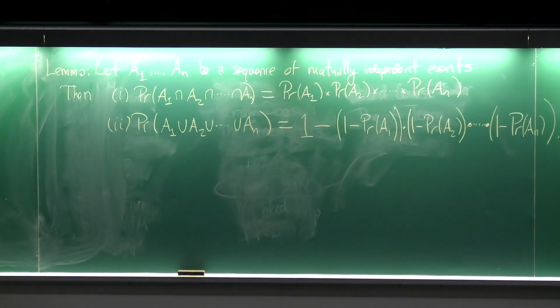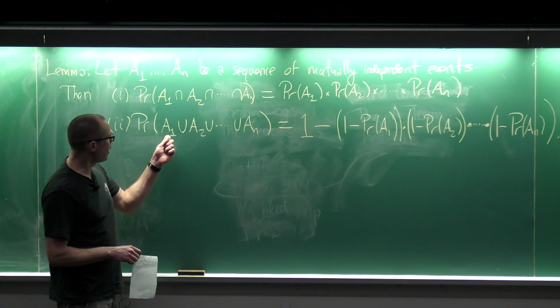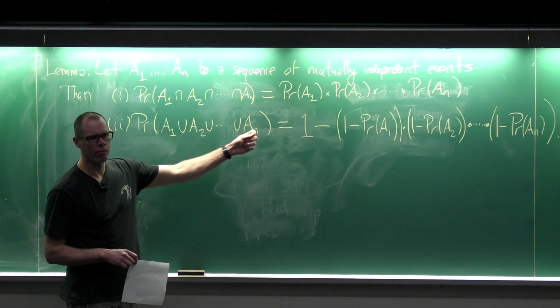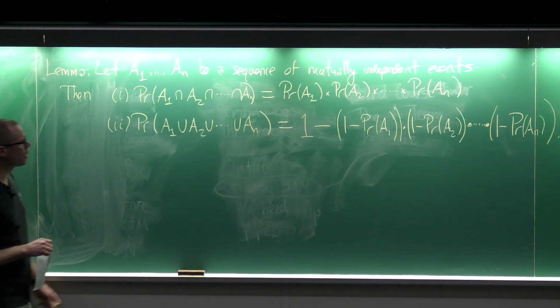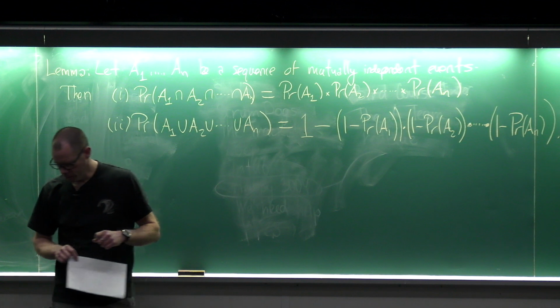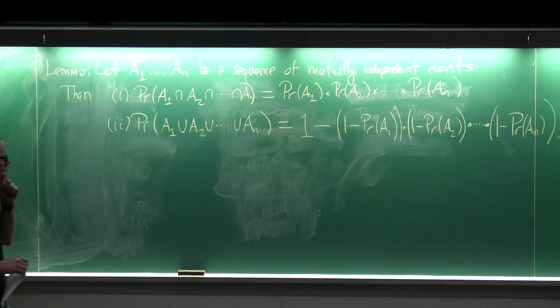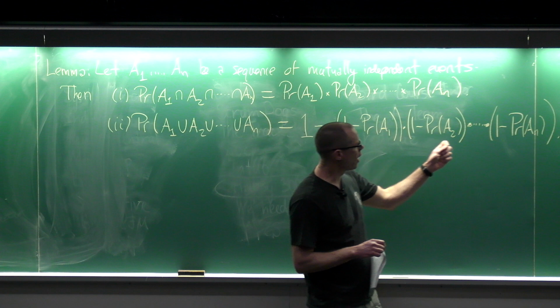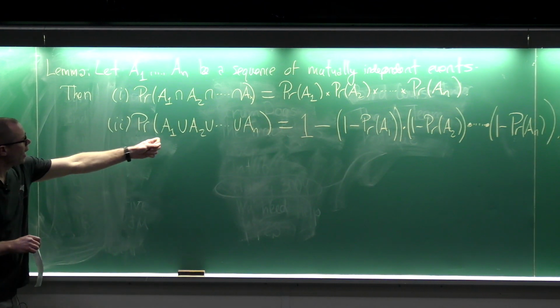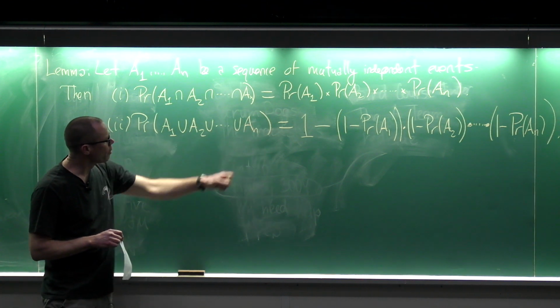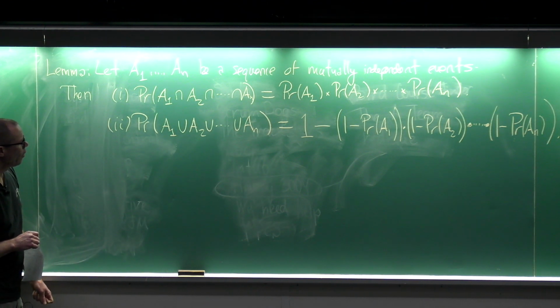Okay. So let's think about this logically for a second. A1 or A2 or A3 or A4 and so on. It looks like we're using the complement rule here. A1 or A2 or A3 and so on up to An, when is that true?